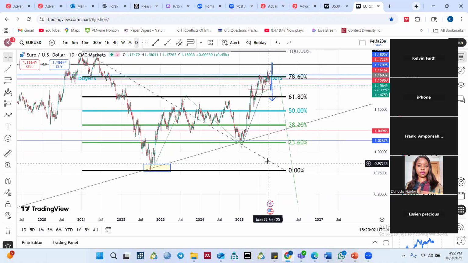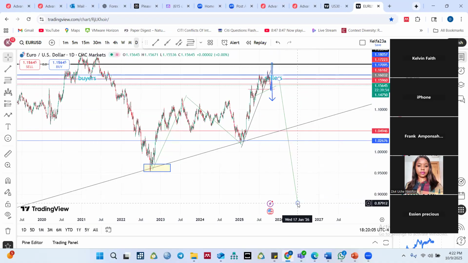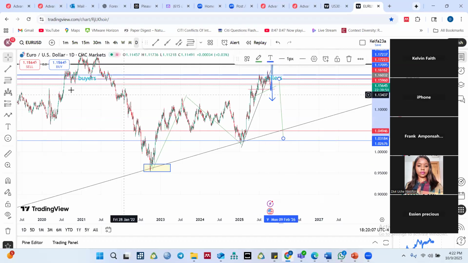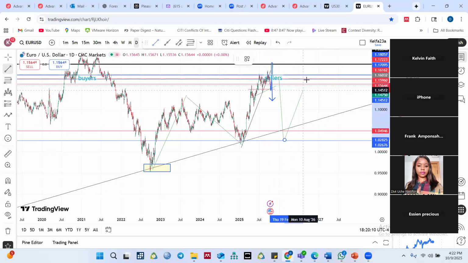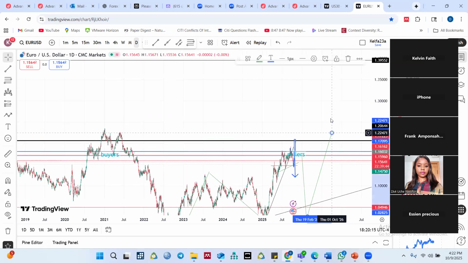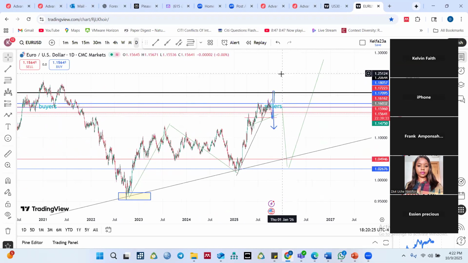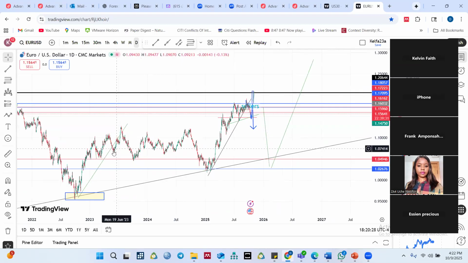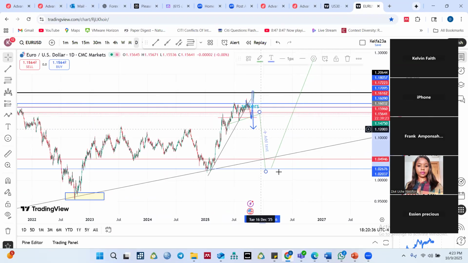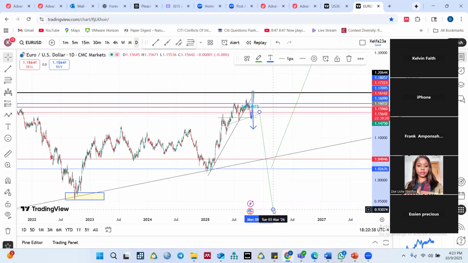But if it doesn't give us this low and comes up to somewhere here and rejects off and keeps going up, then it's likely that this downtrend is also changing and is going to start to give us an uptrend. Do you guys see what I'm saying? Yes. So the bigger picture is that I expect price to now come and give us a new low.